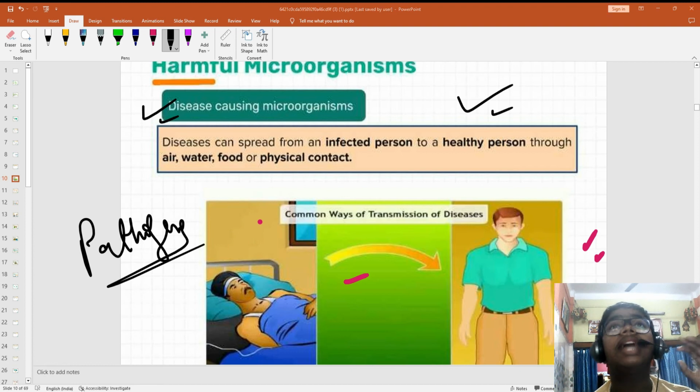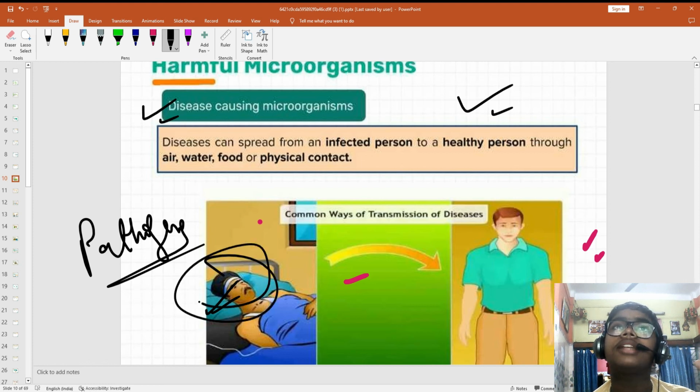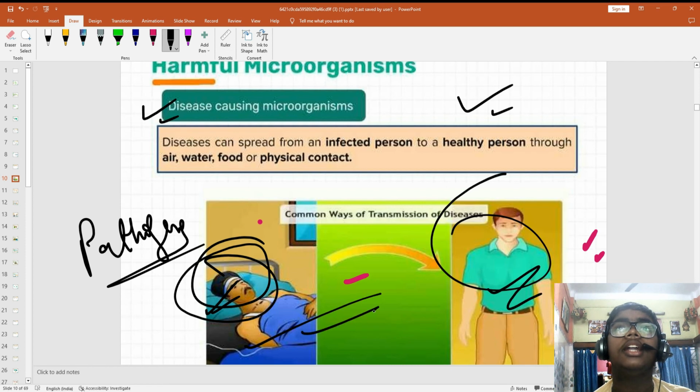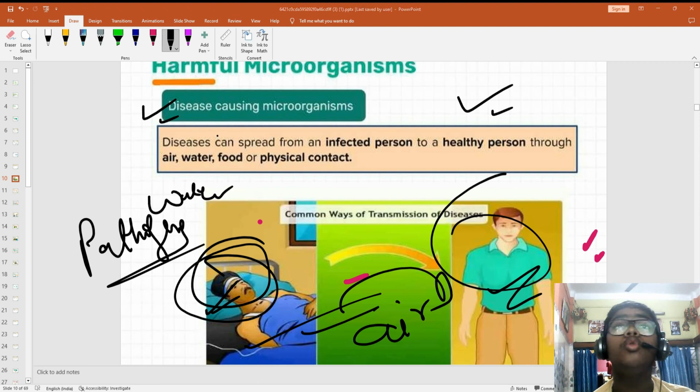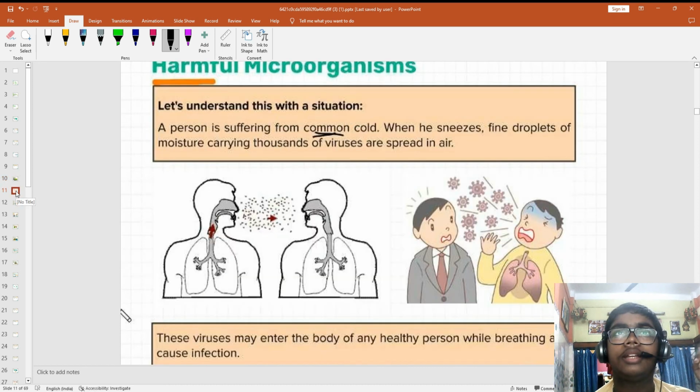They can spread through physical contact, or from an infected person to a healthy person. It can spread by air, by water, by food, and by physical contact.